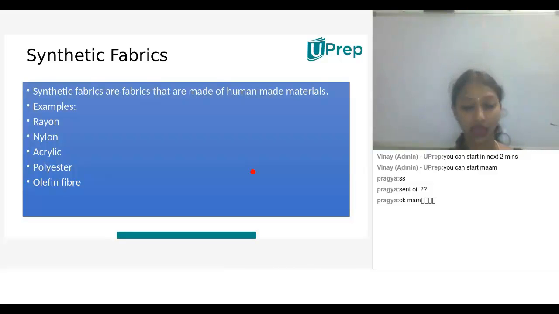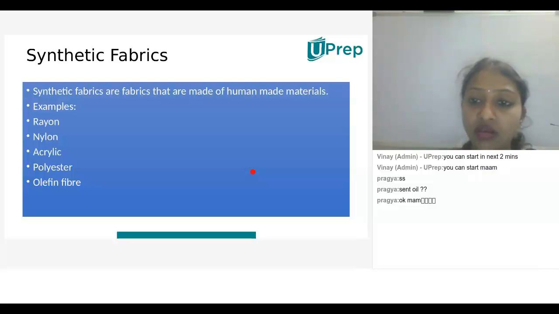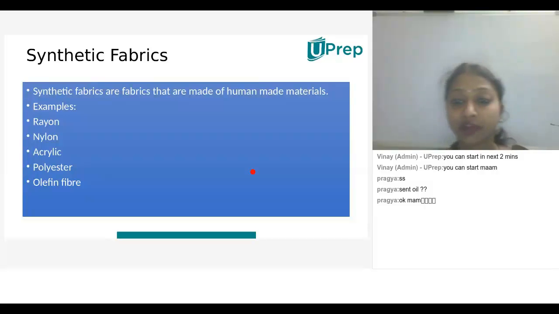No, in some cases the main raw material, one of the initial ingredients for the preparation of these synthetic fibers, is nothing but natural fibers. So directly or indirectly, to prepare synthetic fabrics, they depend upon a natural source, whether from plants or from animals.